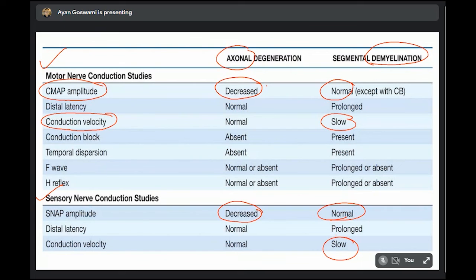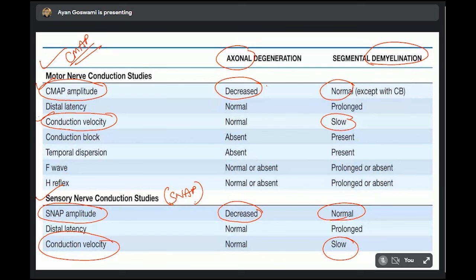So these 4 points you remember, other points are not required for you. So CMAP amplitude and velocity, and SNAP amplitude and velocity, you remember. Just with these 4 points, you can differentiate between axonal neuropathy and demyelinating neuropathy.